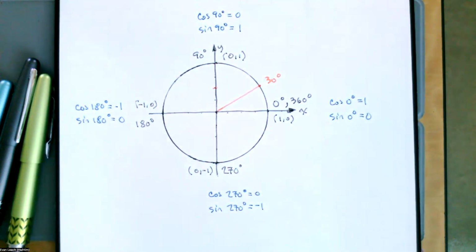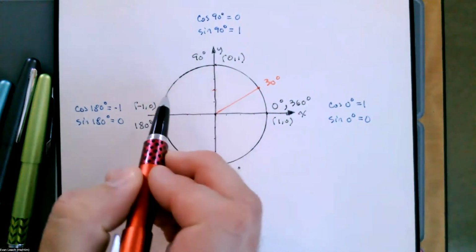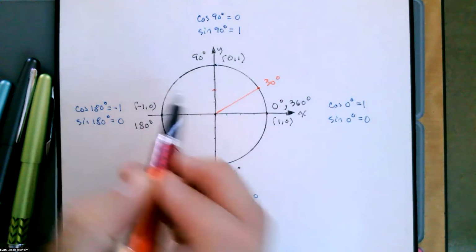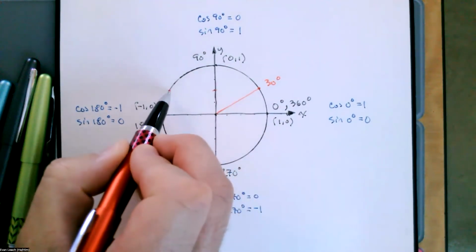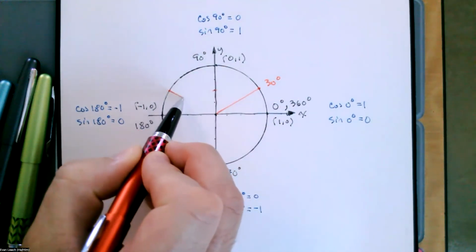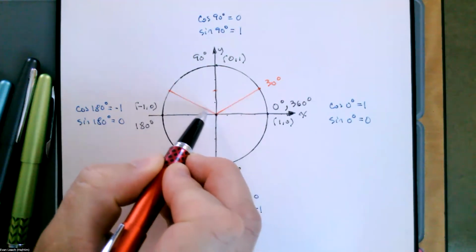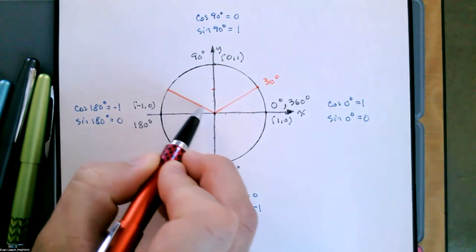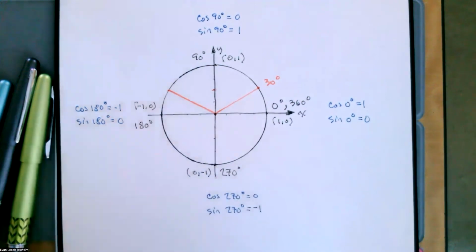We need to be familiar with a 30-degree reference angle in all 4 quadrants. So if I take this half and go down over into the second quadrant, this angle also has a 30-degree reference angle.